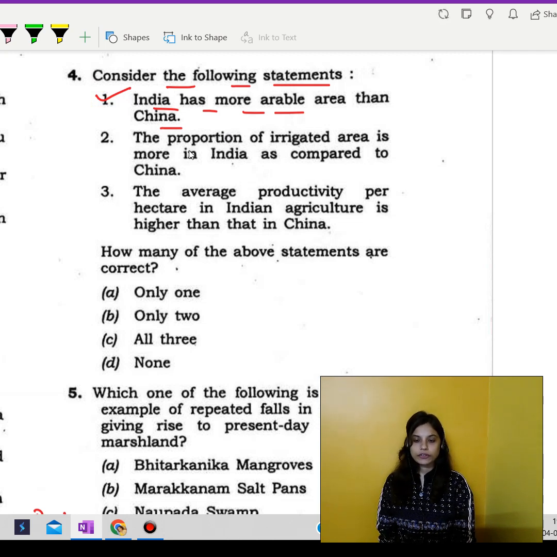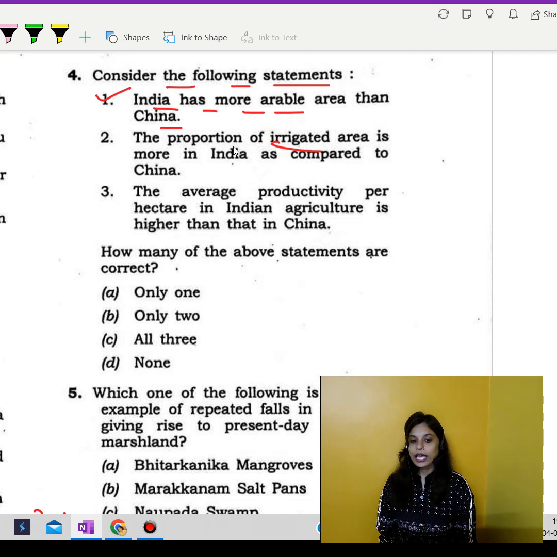Second, the proportion of irrigated area is more in India as compared to China. Now, India and the United States account for roughly 22% of the world's arable land. And coming to China, India has the largest arable land of any country when compared to that of China. Oh, okay, we were to be talking about the irrigated land, isn't it?